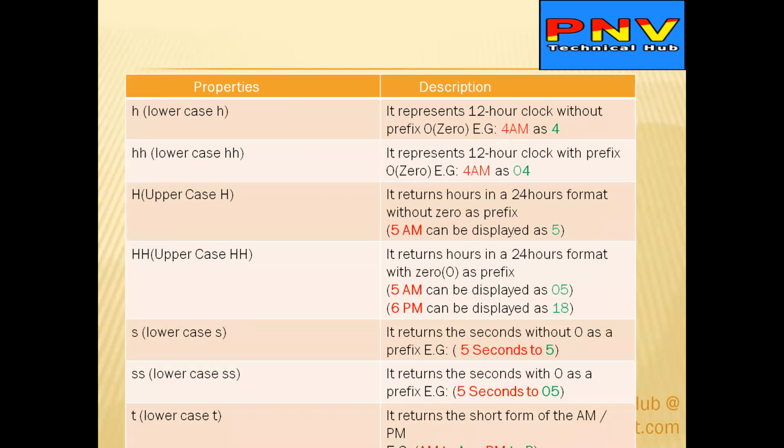And small h is nothing but your clock, which is nothing but hours. If you use a small h, then if it is 4 a.m., you will get 4, and with double h, 04 will be there. That's it. So 99% avoid small h and double small h, because it will take the data in the 12-hour format only.